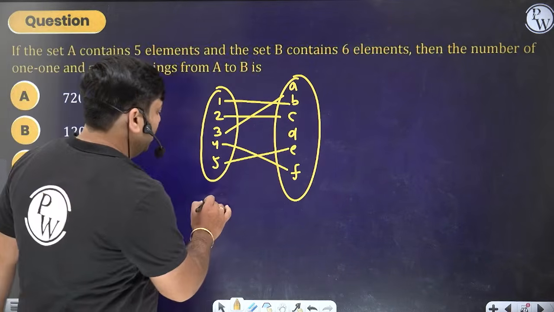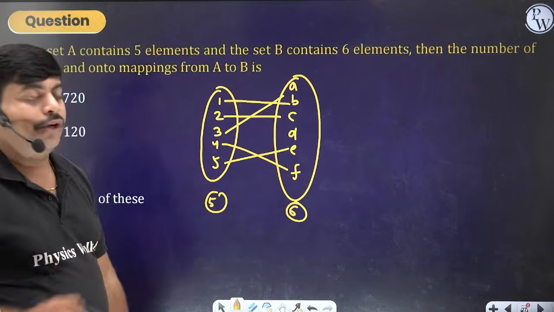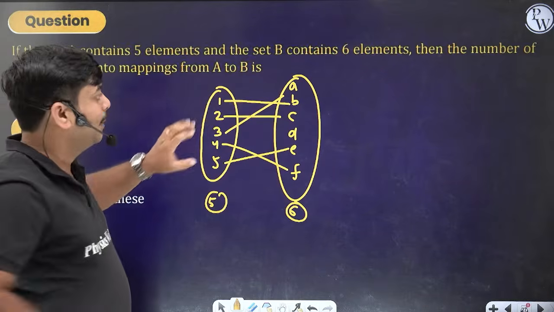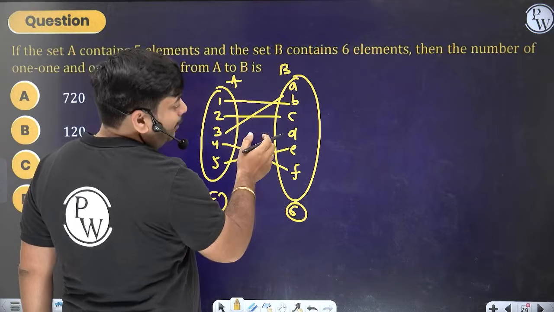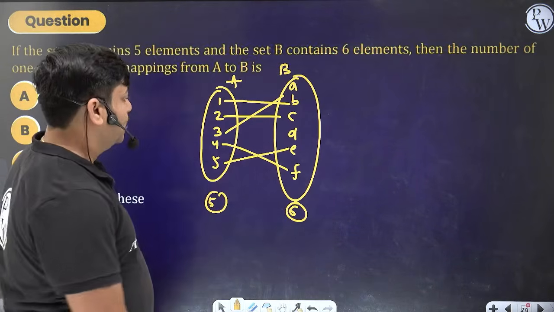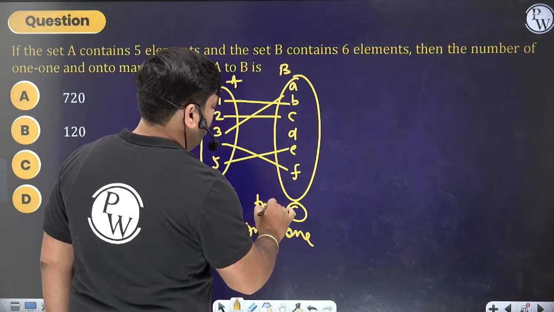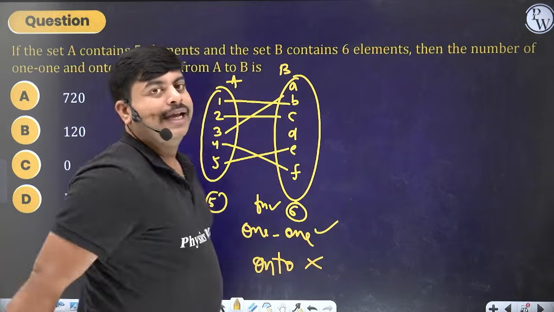Here there are 5 elements, here there are 6 elements, right? So we don't have an extra element in set A so that some mapping can be given to d. Although it is a function and it is 1-1, it fails to be onto.